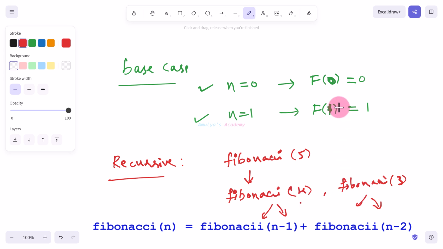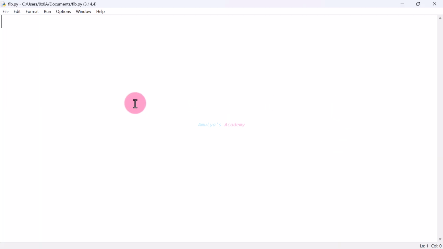Okay, then let's write the program. In the IDLE, let's define the function. I'll take the function name as Fibonacci and here the n value. We want to find the Fibonacci number at the nth index in the Fibonacci series. First, let's write the base case. As I said, we have two base cases. The first one is if n is equal to 0, then return 0.